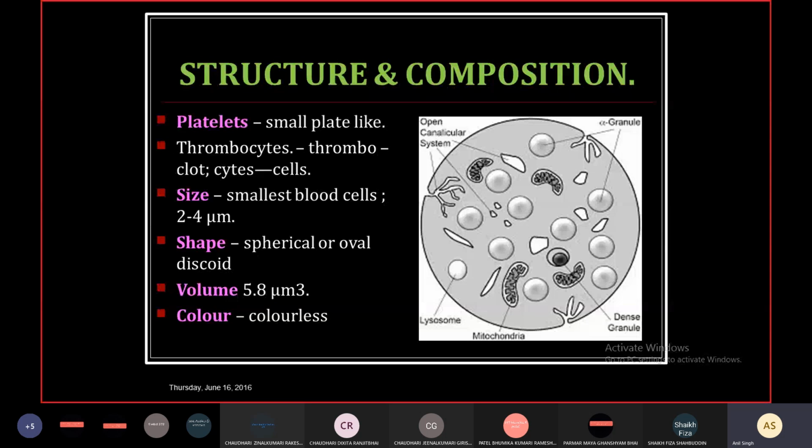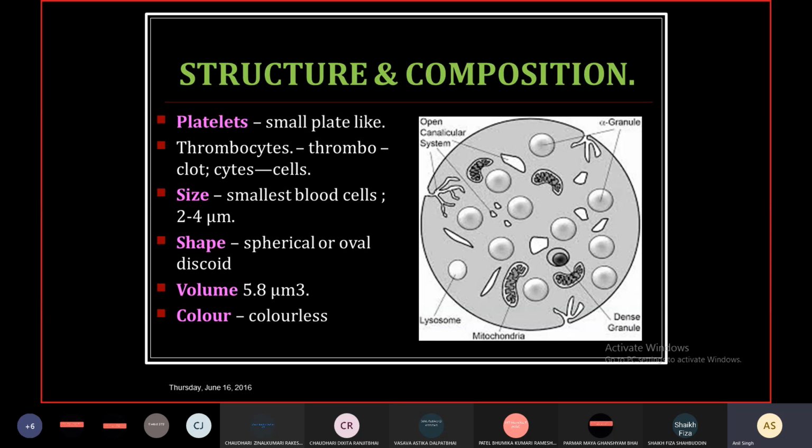These platelets are also called thrombocytes. So the other name of platelets is thrombocytes. Thrombo means clot, clotting. Clot means खून का जम जाना, and cytes means cells. This name is given because these platelets play a very important role in the clotting of blood.